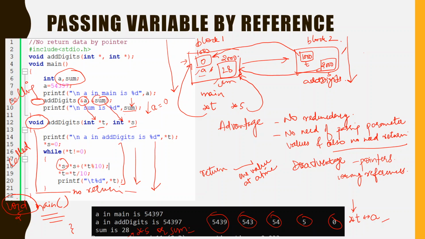This block concept of memory is created to save the variables of block 1 from being accessed by block 2, but using pointers we avoid this blockage. These blocks of memories are created to keep the variables of block 1 separated from block 2.